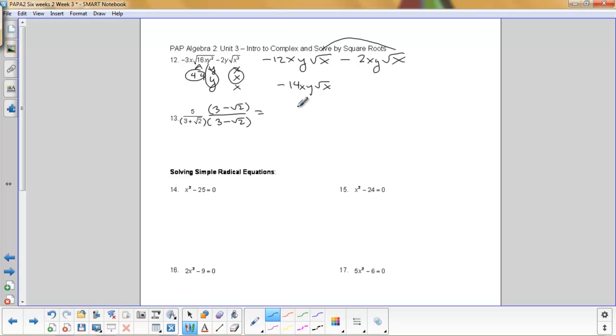So we're going to multiply, and we get 15 minus 5 square roots of 2 divided by a squared, which is 9, and b squared, which is 2. Simplifying the denominator, our final answer is going to be 15 minus 5 square roots of 2 divided by 7.